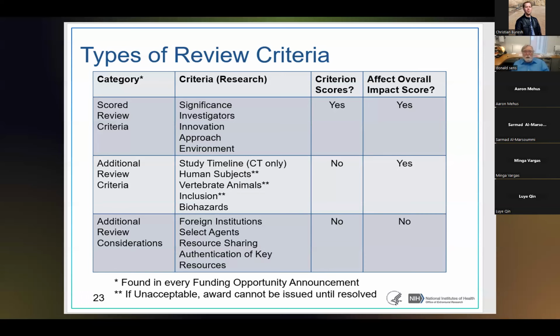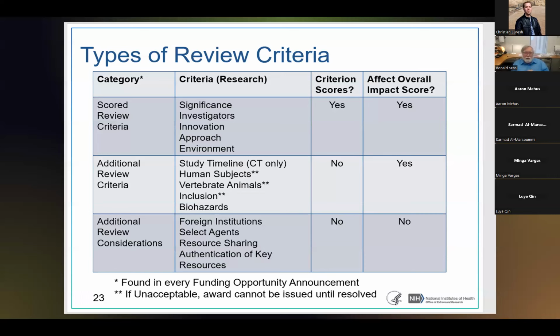Okay, so those two have to be perfect and meet all the expectations that are required in those sections. Study timeline, that's only for clinical trials. Inclusion, again, pretty much for your human subjects, on how you're going to get all types of people and have a good population so that everybody's included.